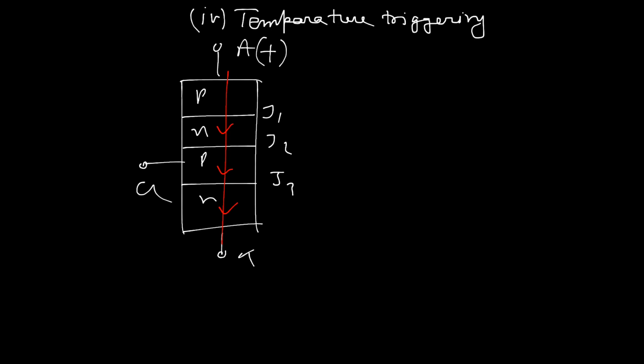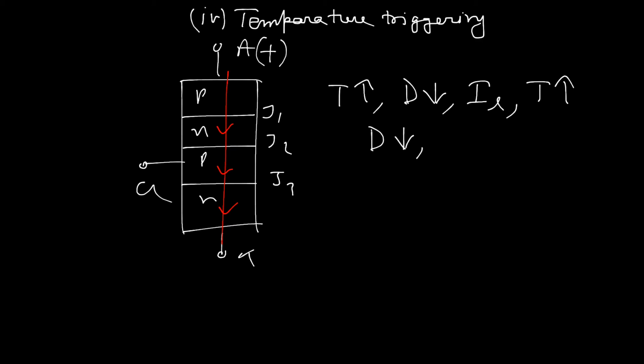So we can conclude, if the temperature is increased, the width of the depletion layer should decrease. That means it increases the leakage current, right? If the leakage current increases, then again the temperature will increase. If the temperature increases again, then again the depletion layer is reduced.